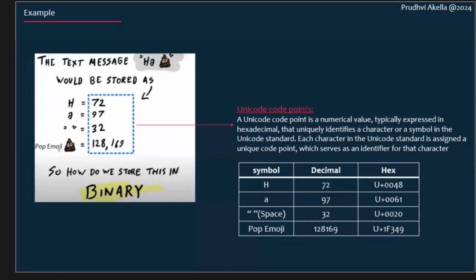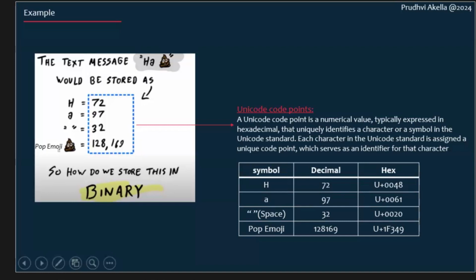They still remain the same, and their numbers remain the same. So the space is still 32. If you go to the ASCII sheet, you will still see the space as 32, A as 97, and H as 72. Go and look at the ASCII mappings. You will still see the same numbers for H, A, and space.